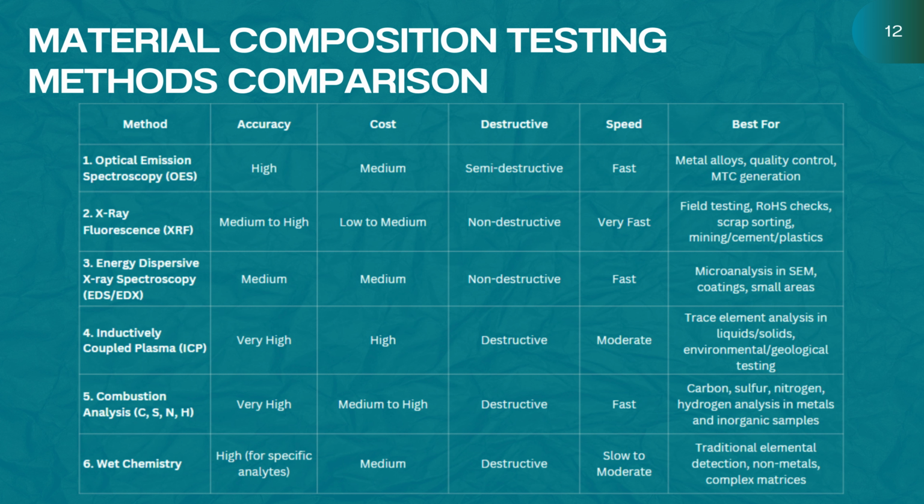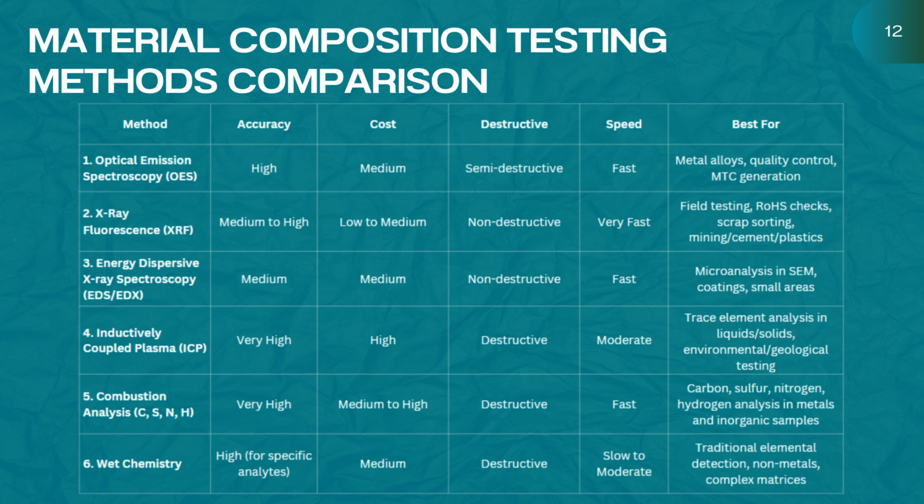EDS, good for surface analysis in small or coated samples, commonly used in SEM labs. ICP, very high accuracy, best for trace elements in liquids and solids, though it's destructive and costly. Combustion Analysis specifically targets C, S, N, H in metals, with fast and reliable results.